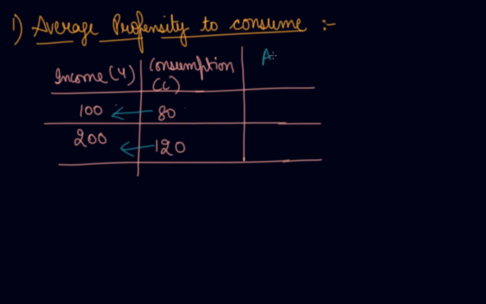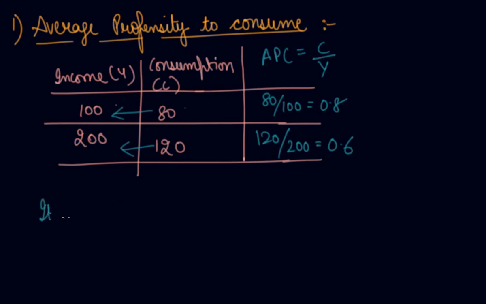So this is your propensity to consume. So we can find out APC, which is C by Y, that is 80 divided by 100, 0.8, 120 divided by 200, that is 0.6. So this is very simple. This is your average propensity to consume.